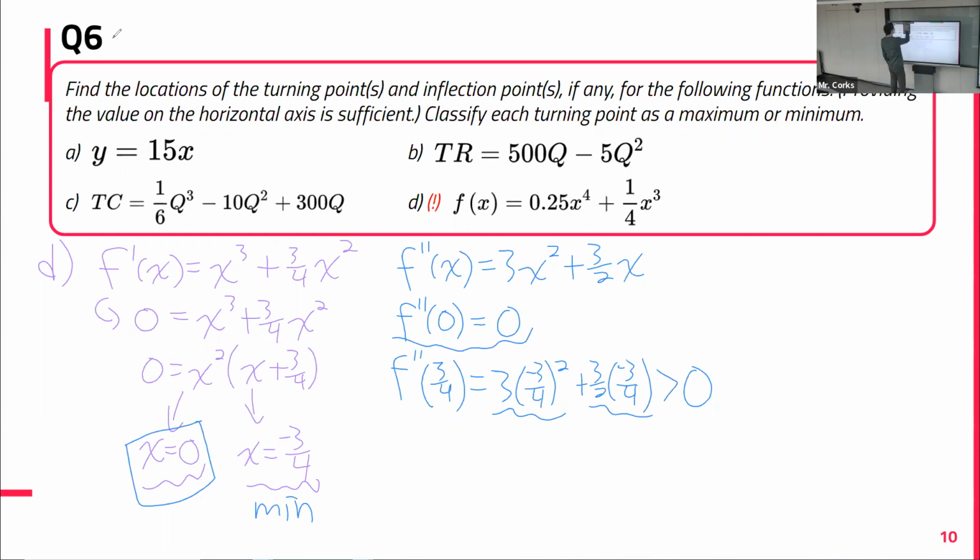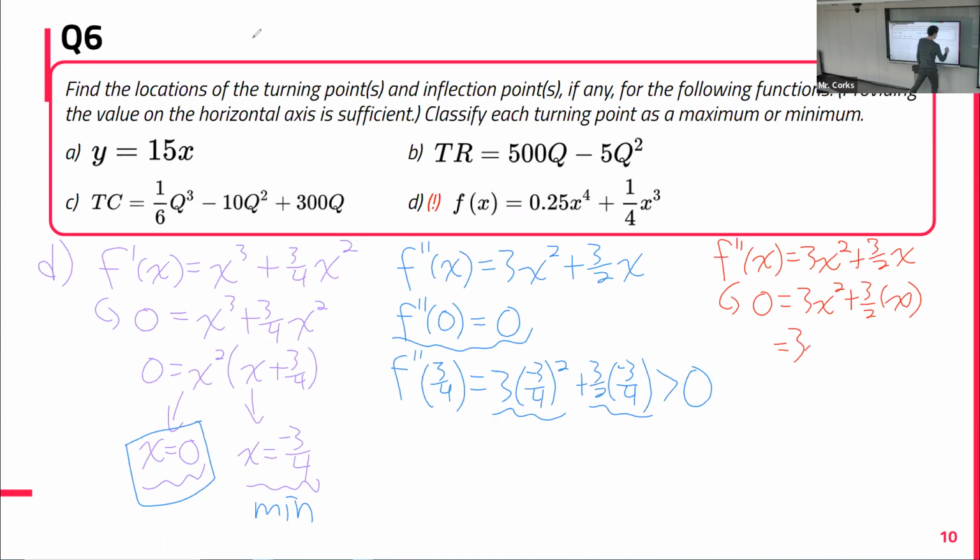Let's see if there are any other inflection points. Using our second derivative, which we said was 3x squared plus 3/2 x, we set this equal to 0. So 3x squared plus 3/2 x. And if we try to solve this, what can we do? All right, let's factor out the 3 and an x. And we are left with x plus 1/2.